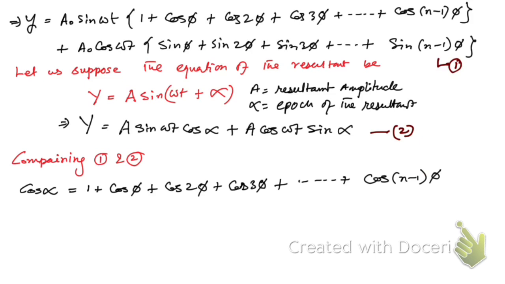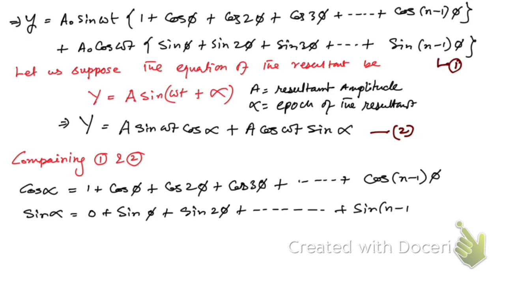That's what we're going to have. Similarly, we can write sine alpha is equal to 0 plus sine phi plus sine 2 phi, and so on, up to sine (n minus 1) phi. That's what we can write.